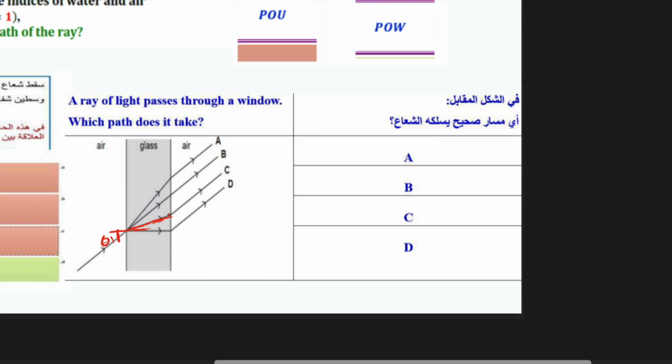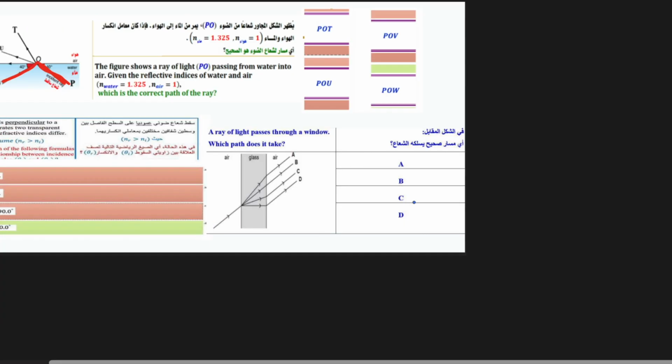And here, because it goes to a lower refractive index, it will bend away from the normal. That's why it will go like this. Why isn't it D? Because it turns exactly to 0. The theta here is exactly 0, but we will not have 0. It is not possible. That is why we will have this answer here. So again, the answer is C.